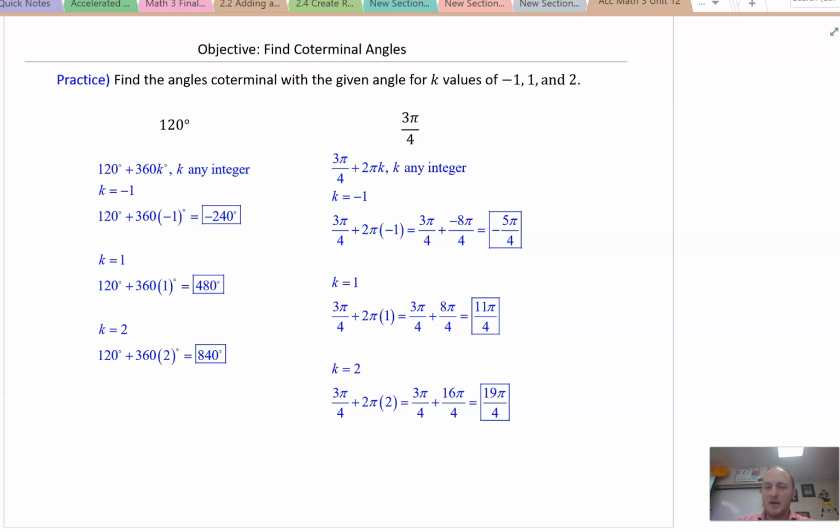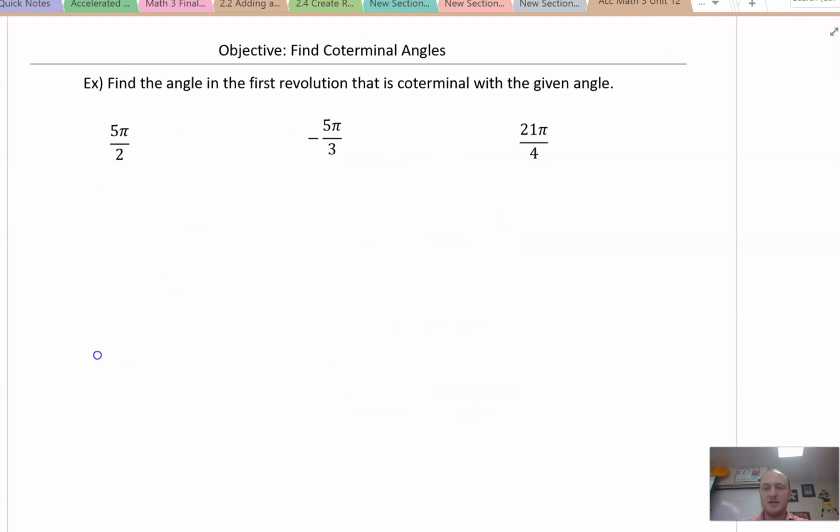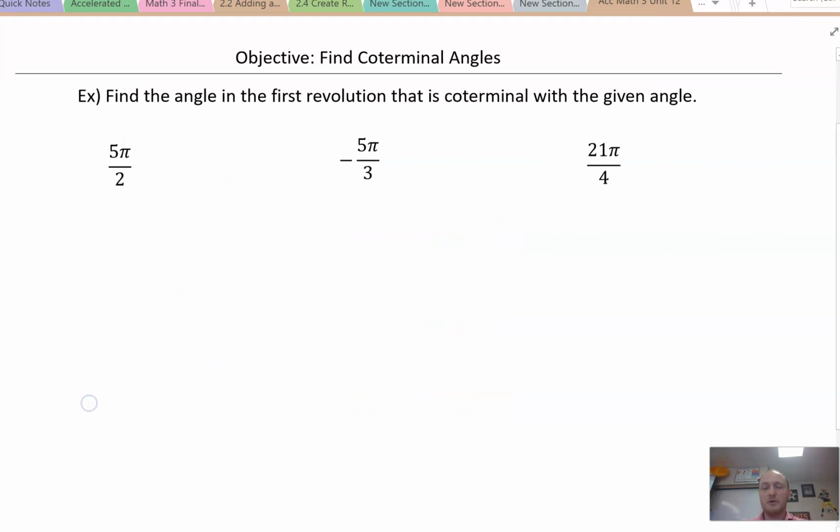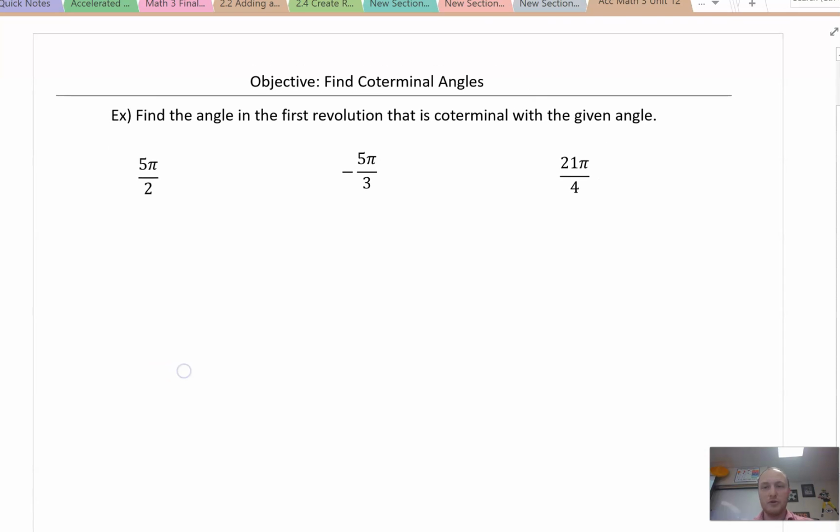Okay, and what we're going to do next is specifically talk about the first revolution. It's important that you realize that the first revolution for degrees, right? I'm talking about a positive revolution. If I draw my unit circle here, I go around, it goes from 0 to 360.